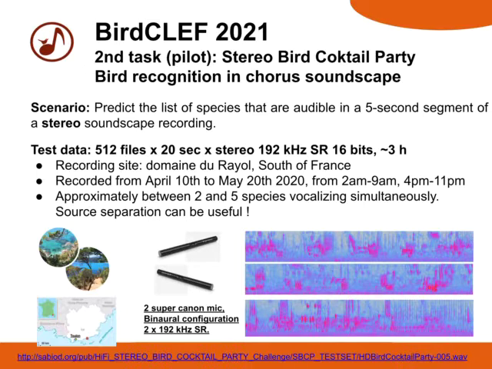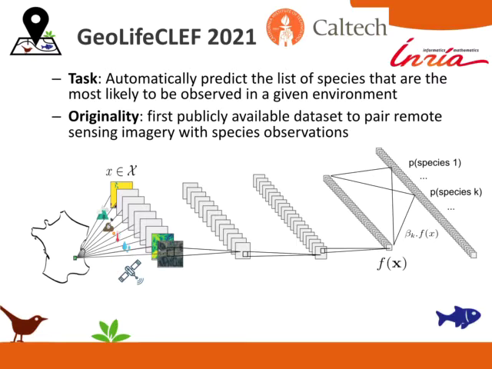This data is provided from another site in the south of France. The idea is that this stereo could be used for additional analyses, such as source separation, to get a better separation of the birds vocalizing in the soundscapes.